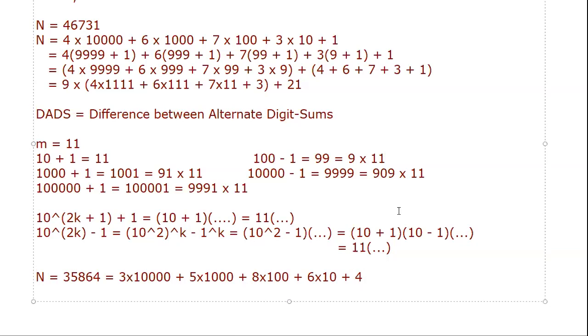Now we need to make the first part all multiples of 11. So 3 times 10,000 is an even power, so we add one more to it. Plus 5.